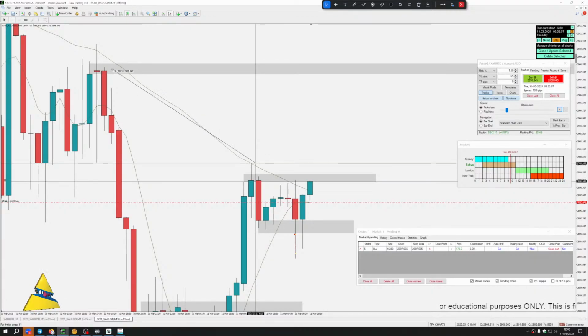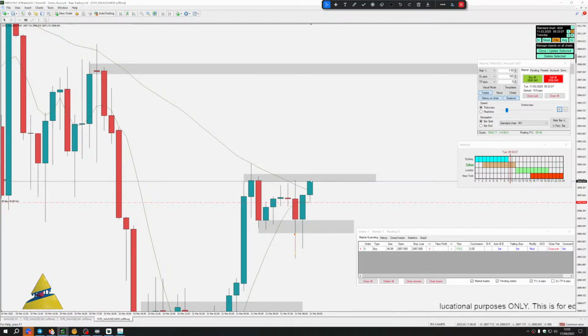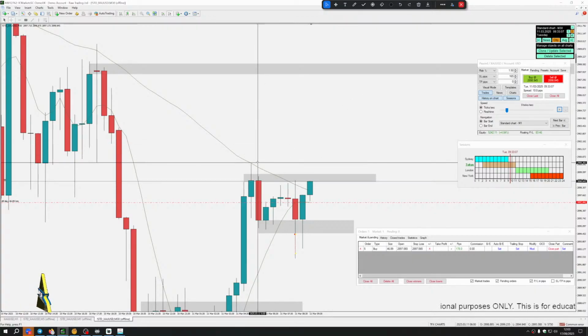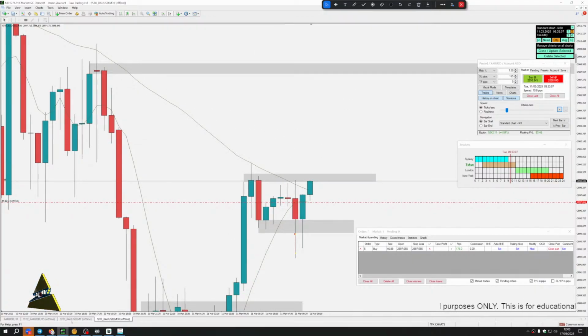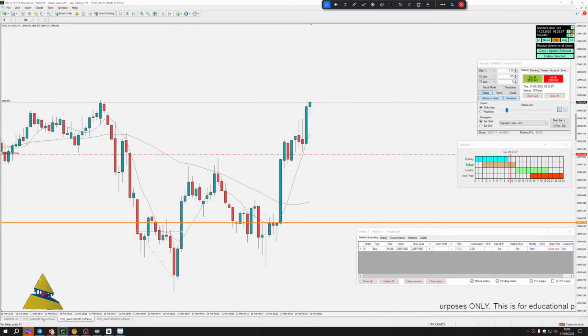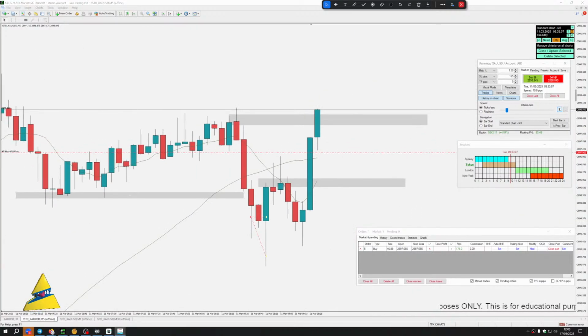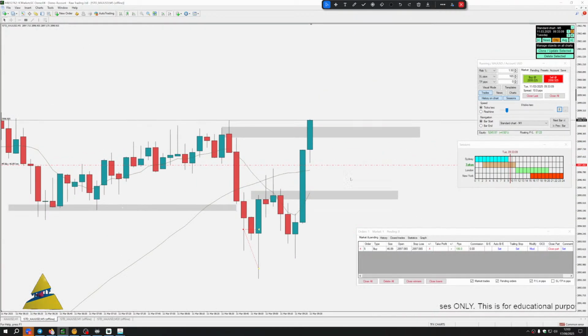Correct? This range is about 78 pips. So what I think we can do is close 80% and just let the rest of the position run, because if you secure something, then you're not going to be married to the position anymore. All right, let's just see how this plays out.